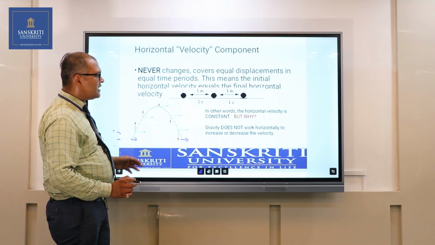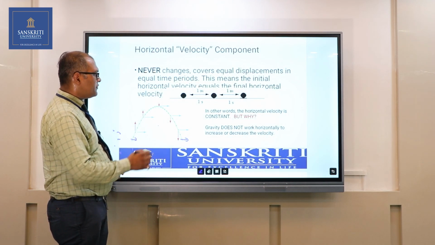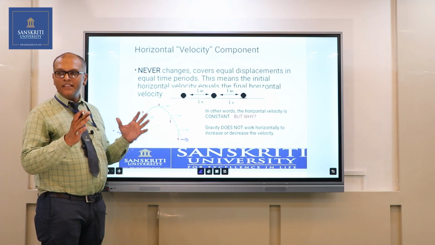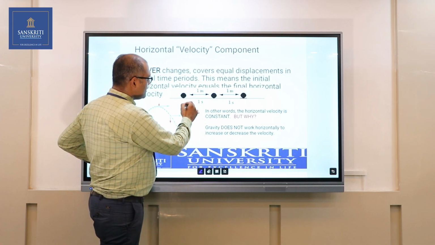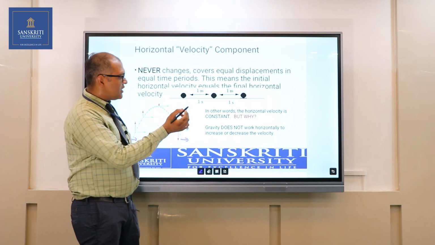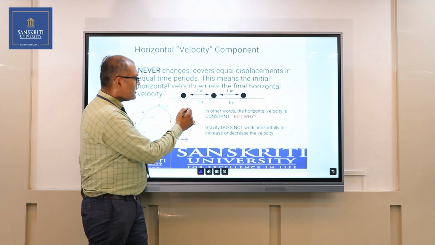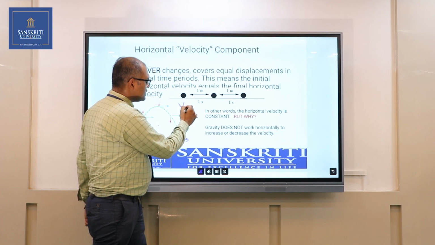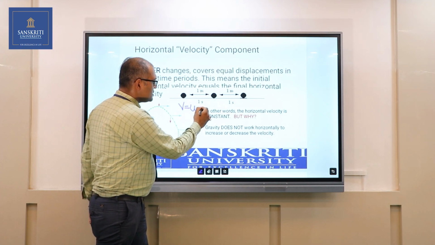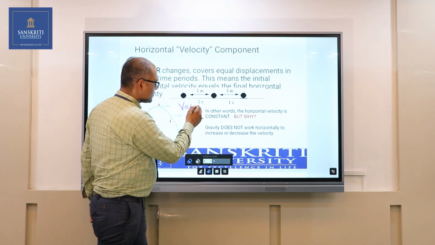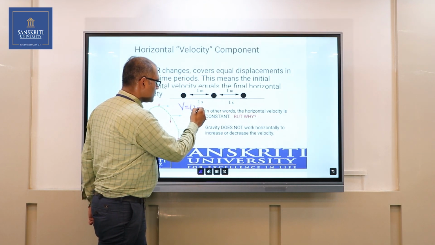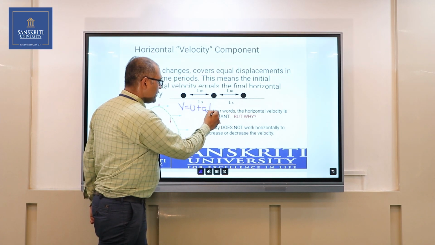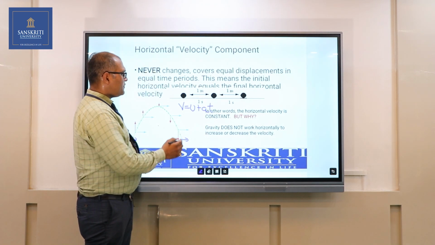Now we will see why this happens from the point of view of mathematical equations. You might have seen this in your earlier class 11th or 12th. In kinematics you might have seen this equation, V is equal to U plus A into T. What was V here?